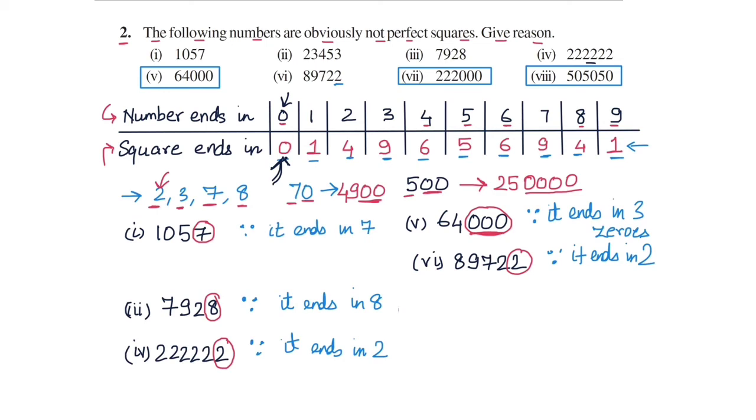Understood? So whenever you find any zero, don't directly say that this is a perfect square. First of all, you need to count the number of zeros. If the number of zeros is even, then only we will say that yes, this is a perfect square. And I hope that by using this concept you can easily do the rest of the parts of the question.